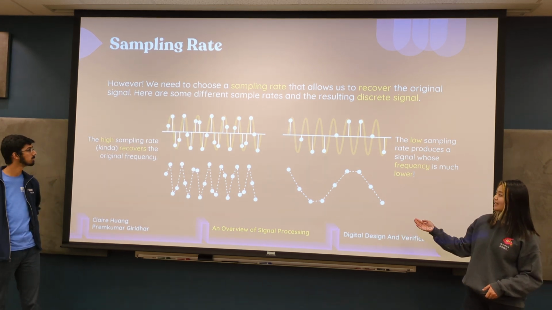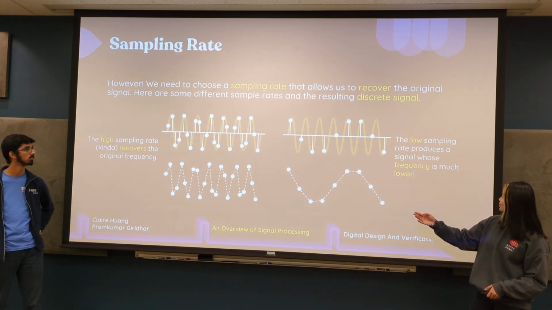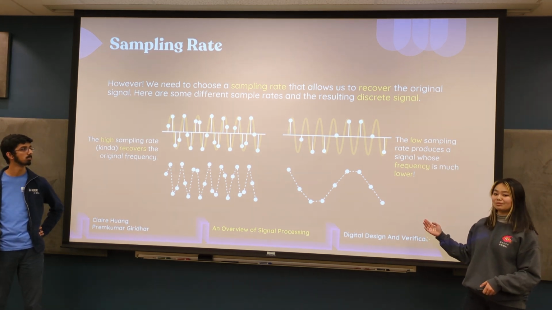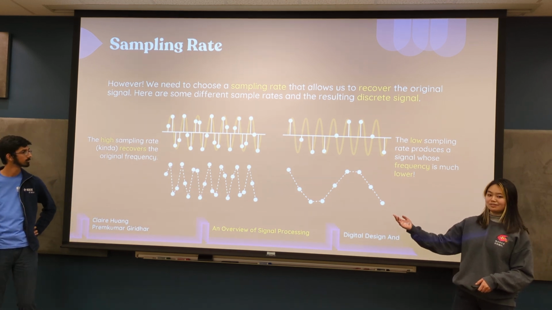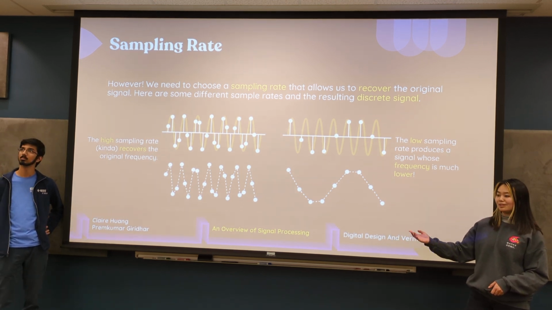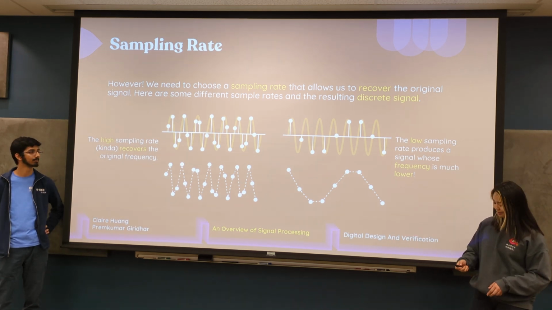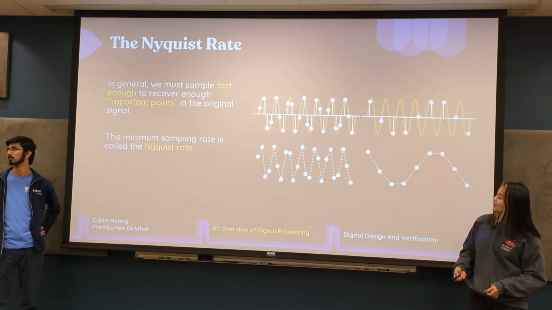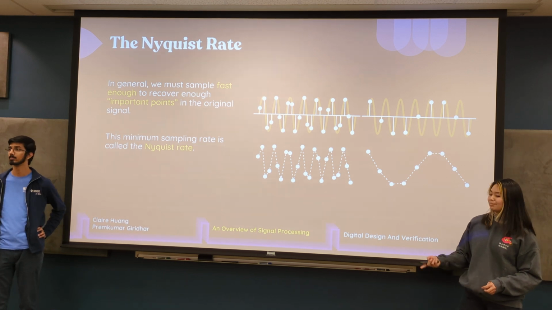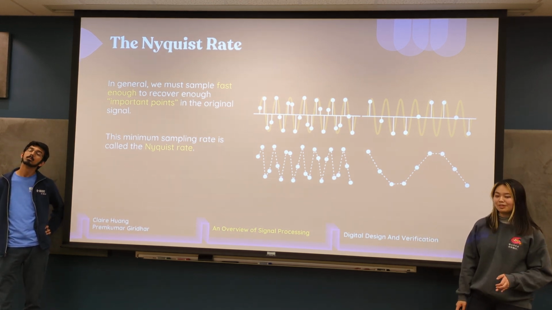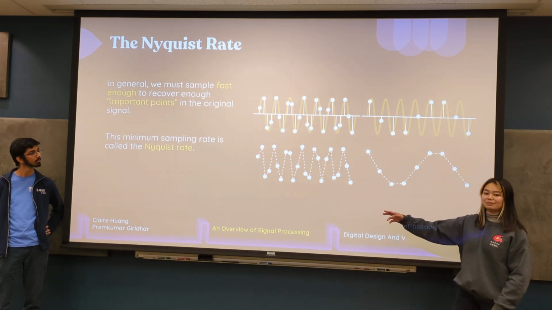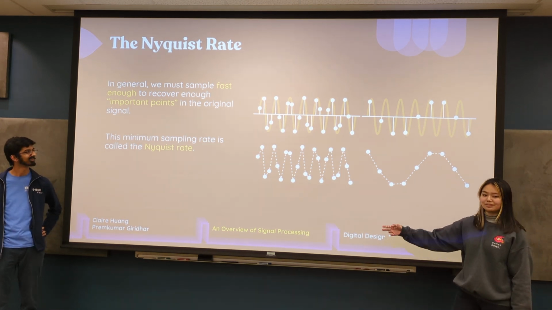But on the right, it results in a lower frequency. We lose too much information, and we can't regain what the original signal looks like. So there is a rule for that, called the Nyquist rate, which basically says, as I said before, we need to sample fast enough to get enough points that we can recreate the original signal.